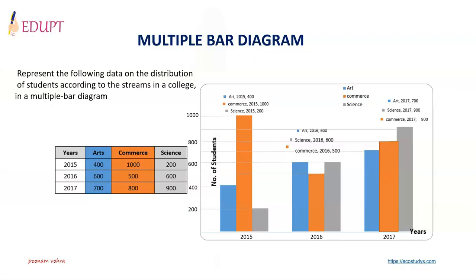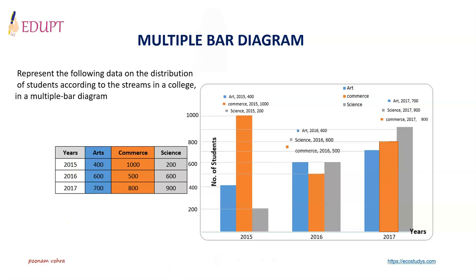Now let us understand about the multiple bar diagram. In this type of a diagram, you have two or more sets of data simultaneously to be represented. Let's have a look at this numerical example. Here you need to represent the data on the distribution of students according to the streams in a college in a multiple bar diagram.